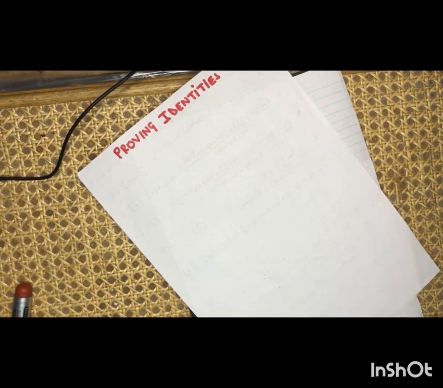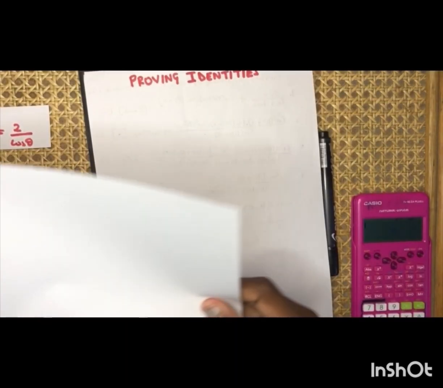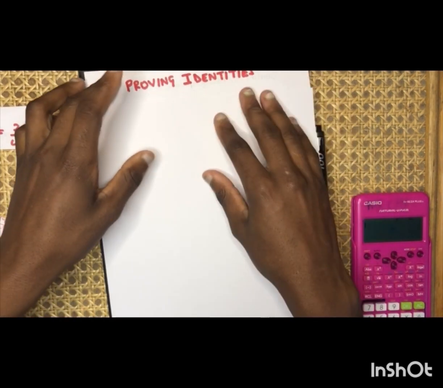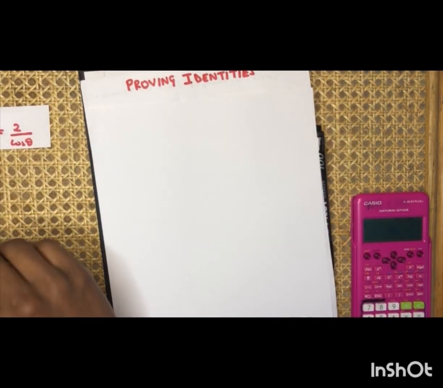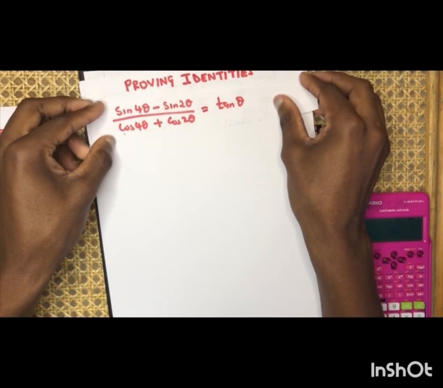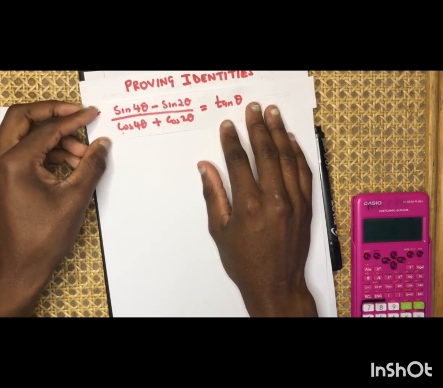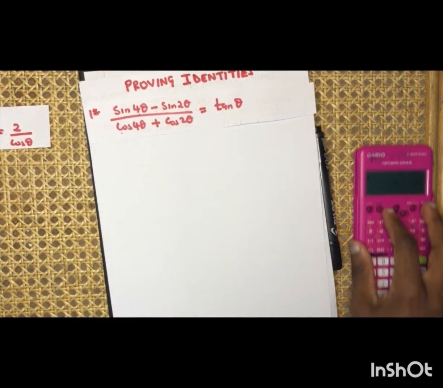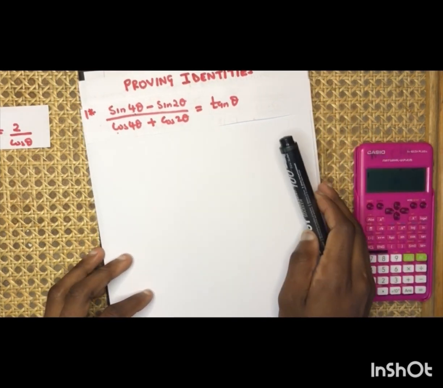So the next one, we are given. Okay, guys, we are still continuing with the proofs. Now we're going to do this proof, which is so interesting. These proofs involve grade 12 and grade 11, but mostly grade 12.